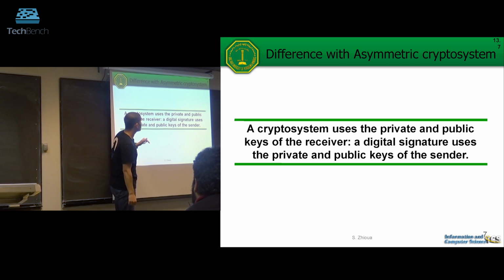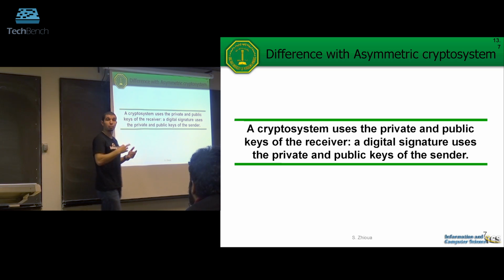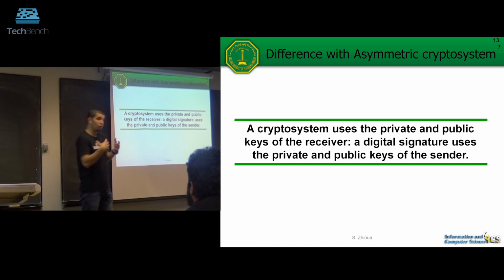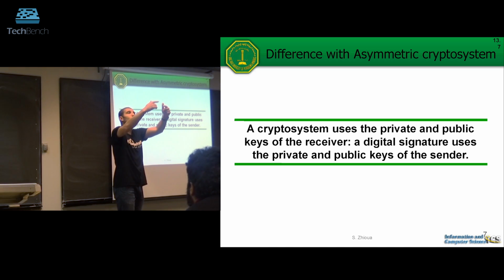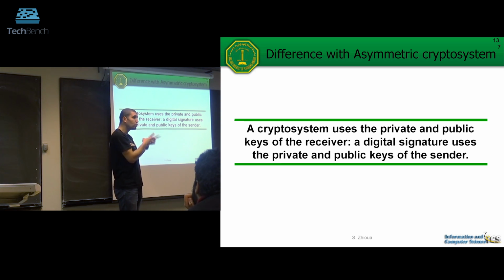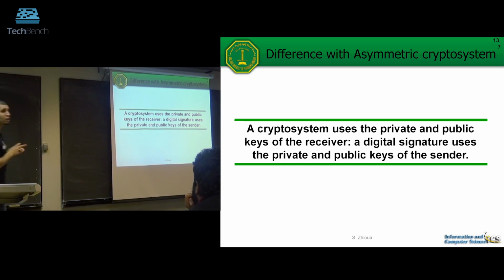Now, if you need to use asymmetric cryptography for a digital signature, it uses the private and public keys of the sender. If you need to encrypt, you need to use the public and private key of the destination. If you need to sign, the scenario uses the public key and private key of the sender. Okay. Is it clear here?